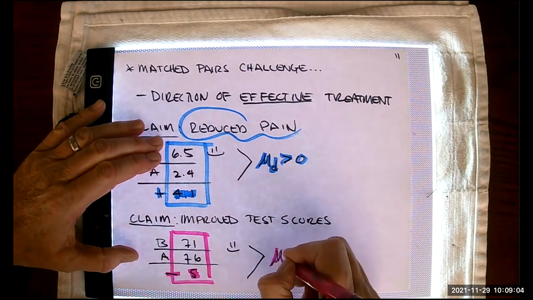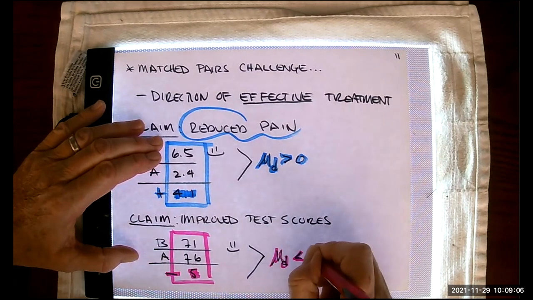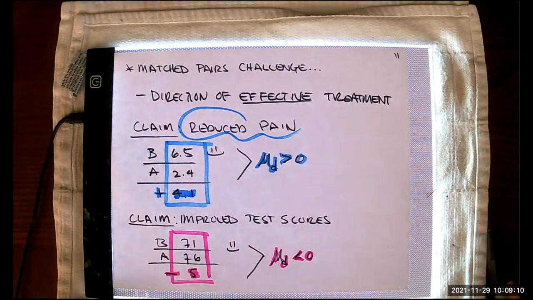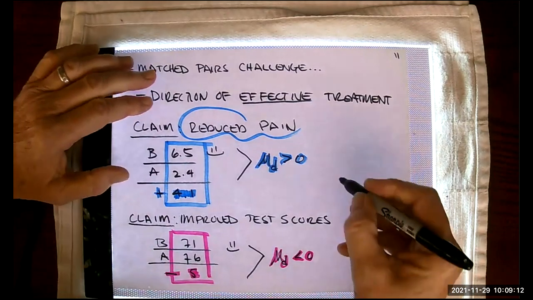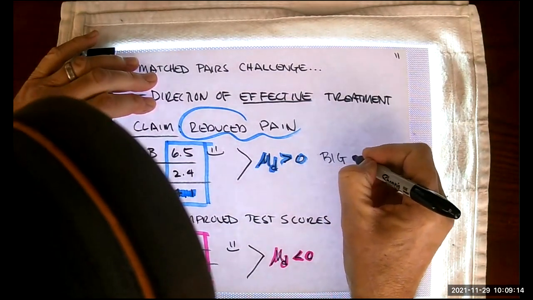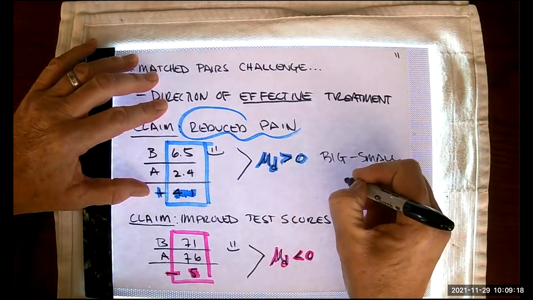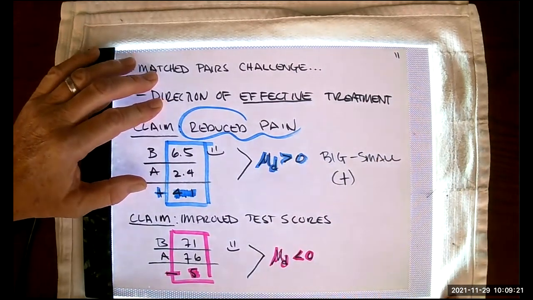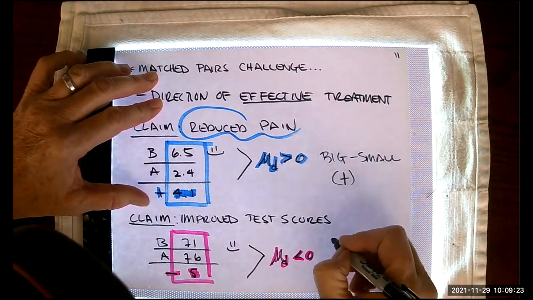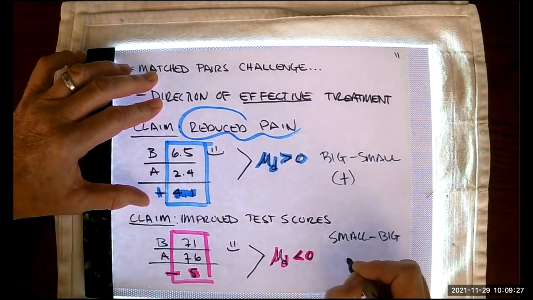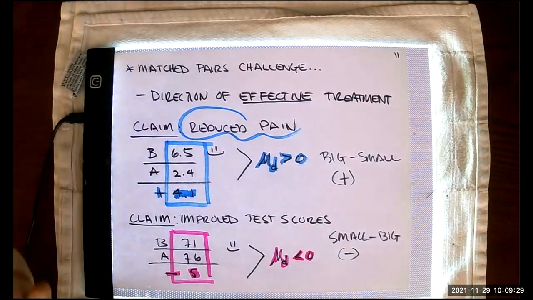That's because when exam scores go up, the small minus the large gives you a negative number. So sometimes we have big minus small, which means we end up with a positive difference. Sometimes we have small minus big, and we end up with a negative difference.